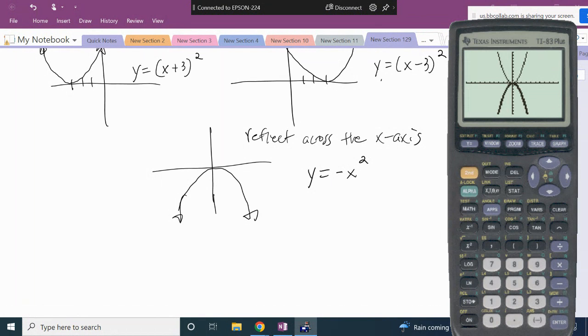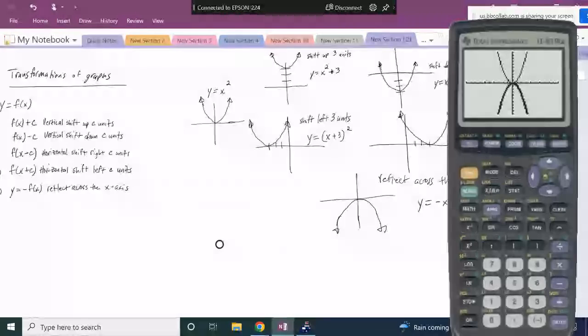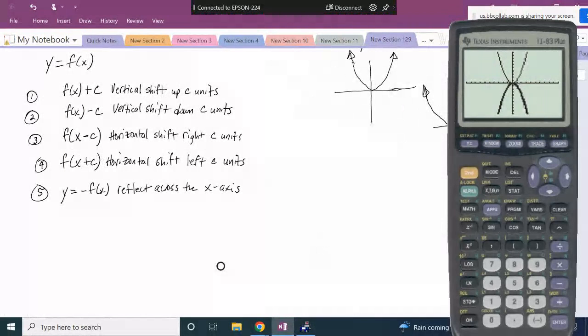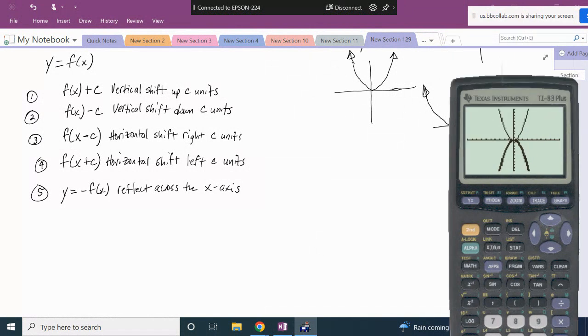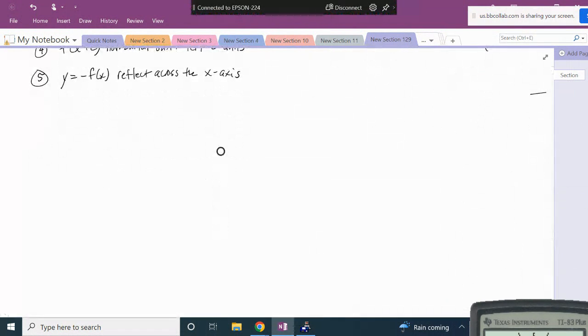All right, so now we're going to take our model forms, how to shift up, down, left, right, and how to reflect across the x-axis, and we're going to write the equations for some graphs. Here again, I'm going to do hand sketches.